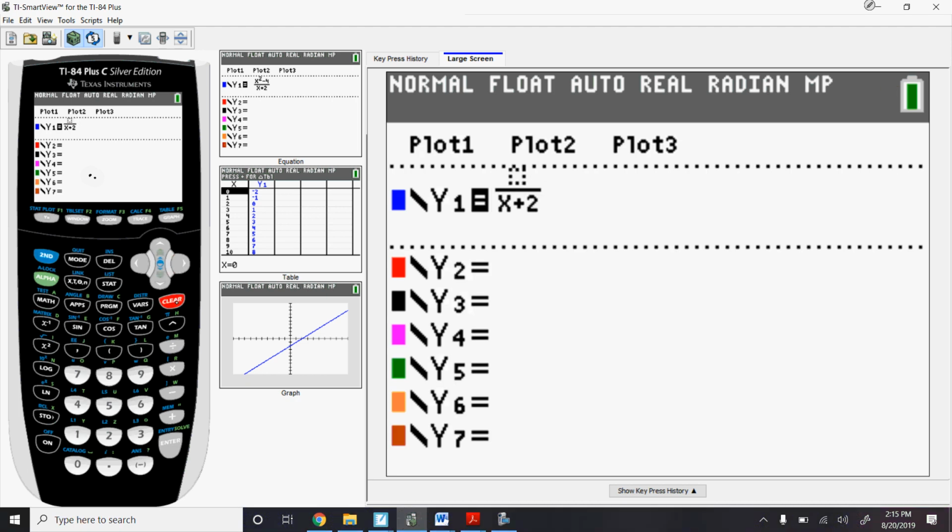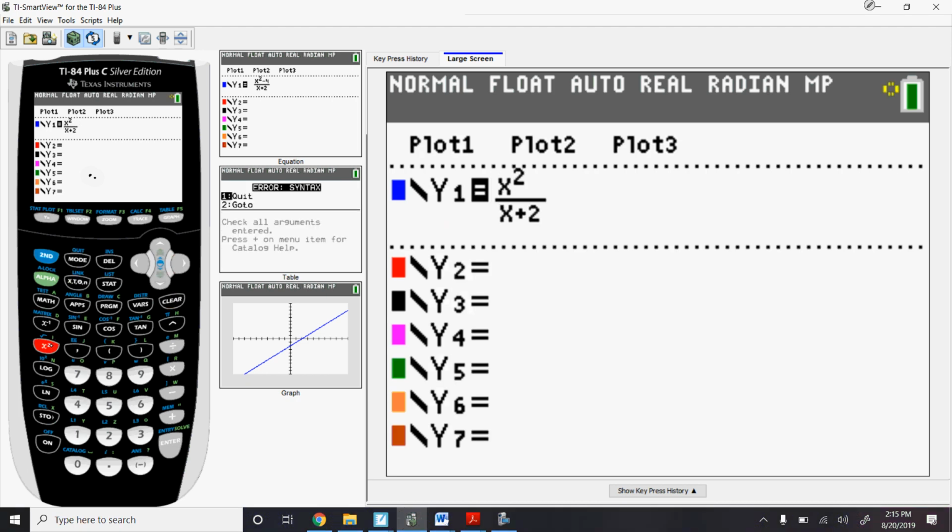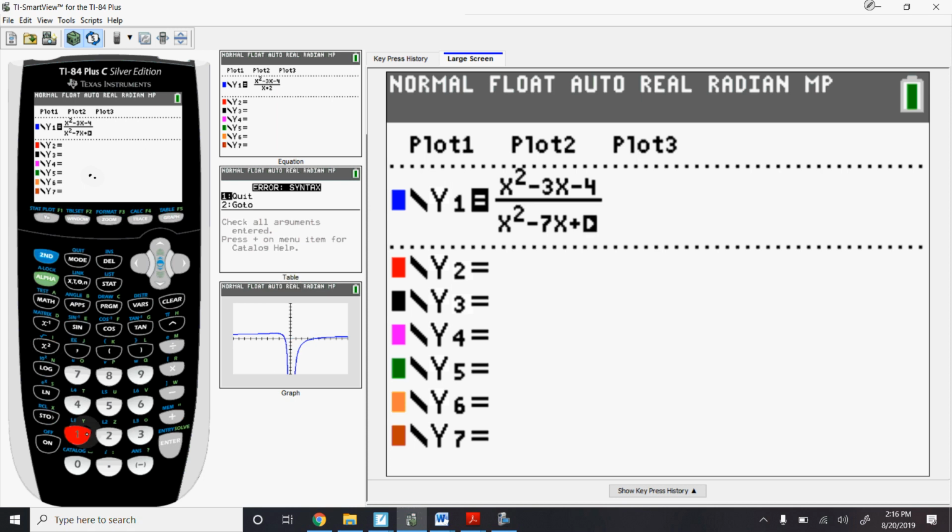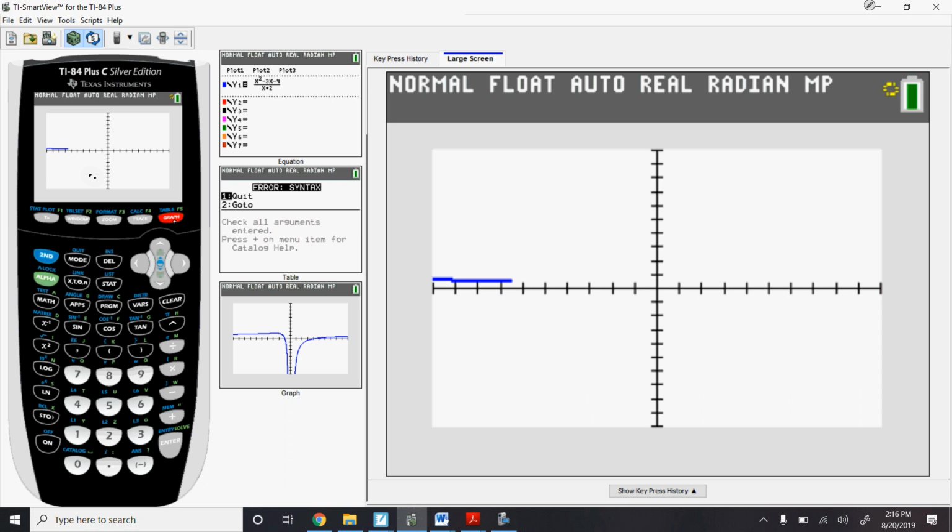Okay, on top I want x squared minus 3x minus 4. And on bottom, I want x squared minus 7x plus 12. This is a weirder looking graph. Got a vertical asymptote in there.